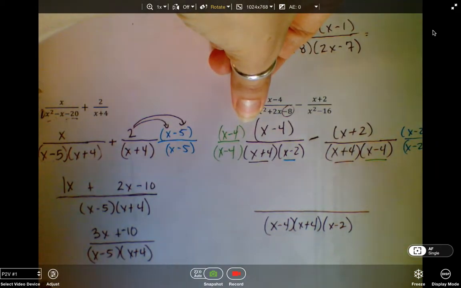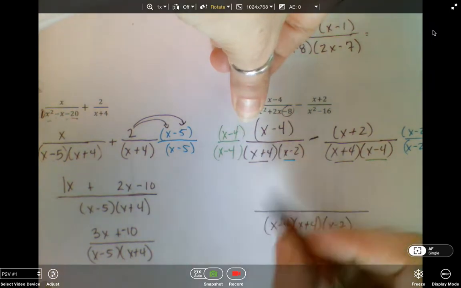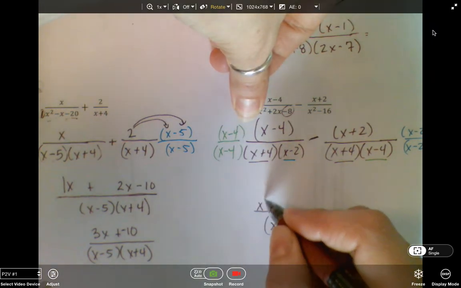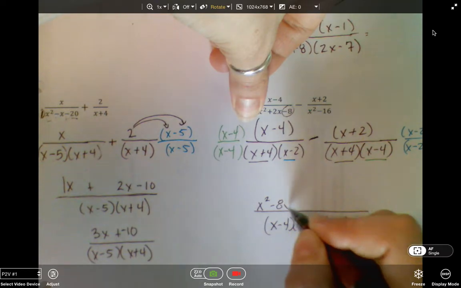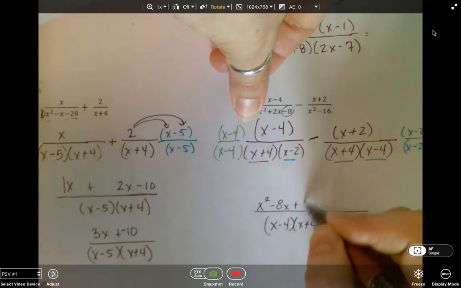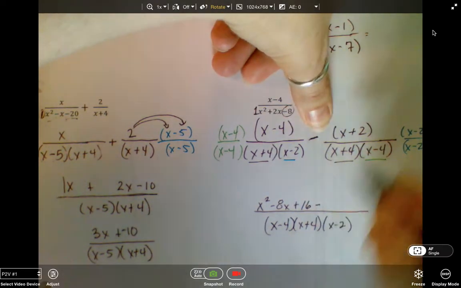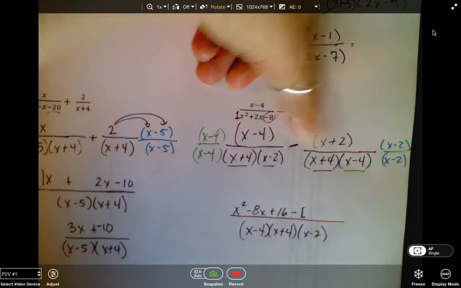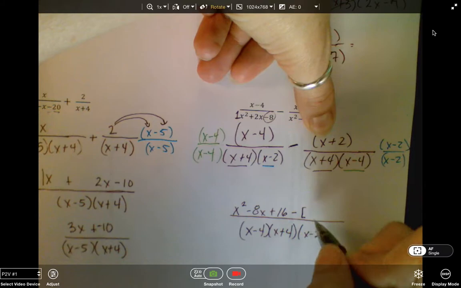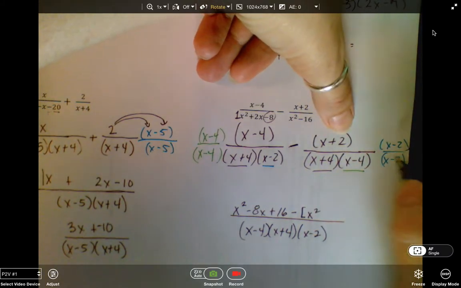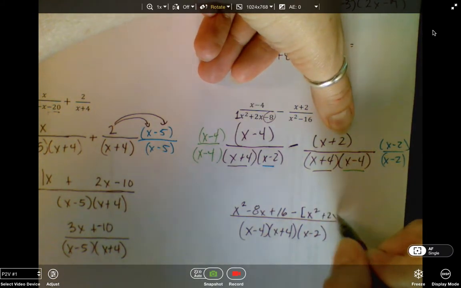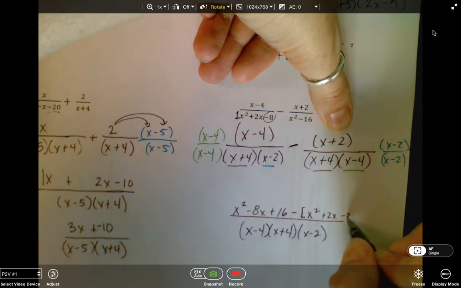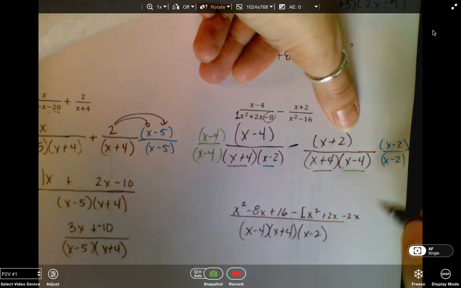Let's multiply our numerators out. This first section here is going to become x squared minus 8x plus 16 minus, and I'm going to put parentheses so I remember that everything is going together. x times x is going to give me x squared plus 2x minus 2x minus 4.